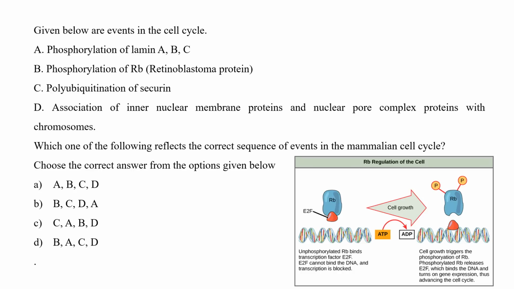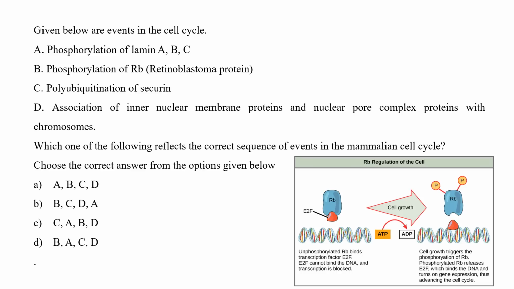This transcription factor is required to begin the cell cycle. So when the decision has to be made to begin the cell cycle, E2F must be free. So retinoblastoma phosphorylation makes sure that E2F remains free for the beginning of the cell cycle. That is the first step.